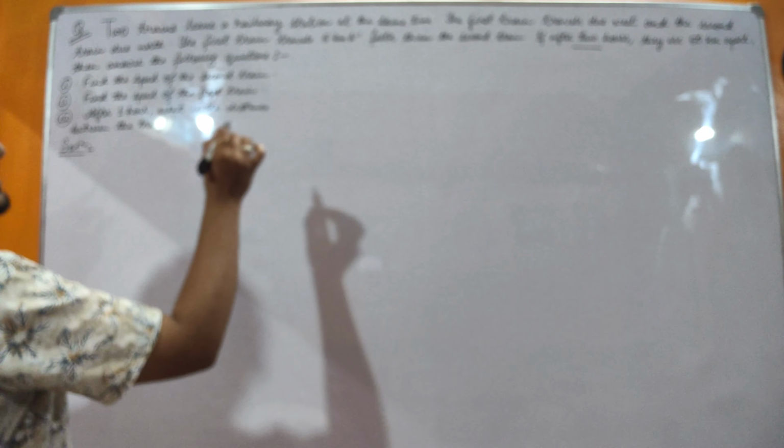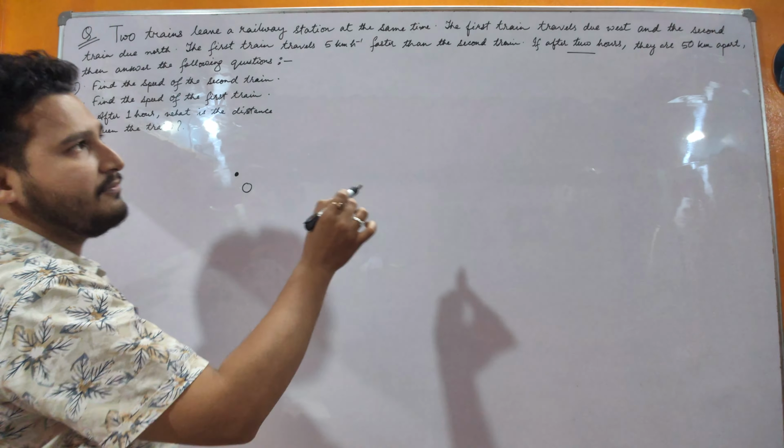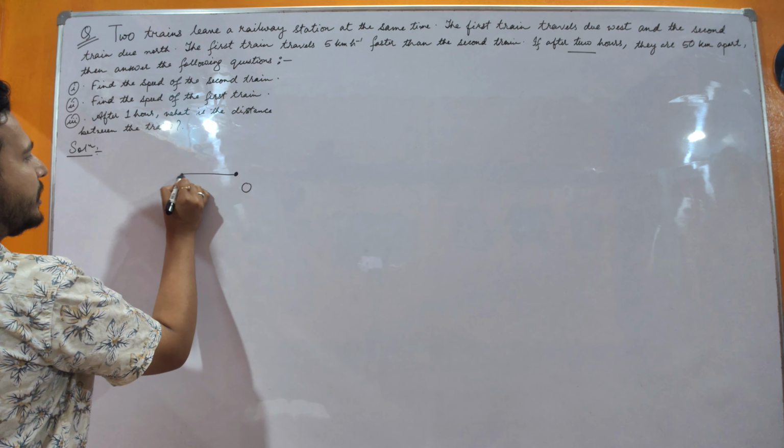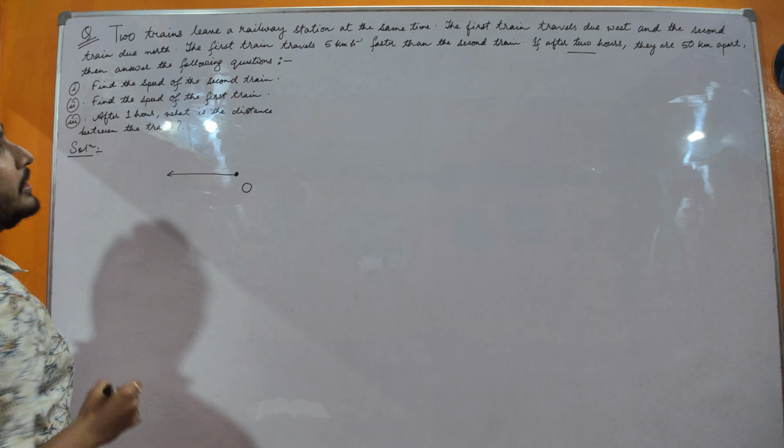So let's draw a schematic sketch. Here's the railway station. Two trains leave a railway station. Let's name it as O. At the same time, the first train travels due west. West meaning it goes here like this.